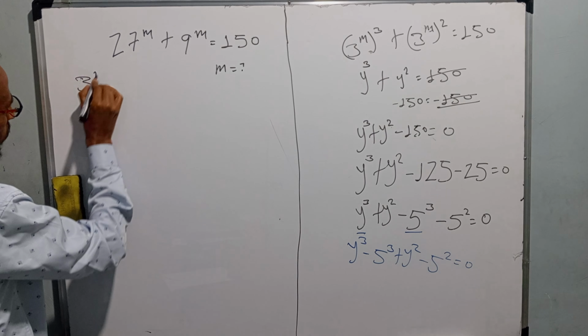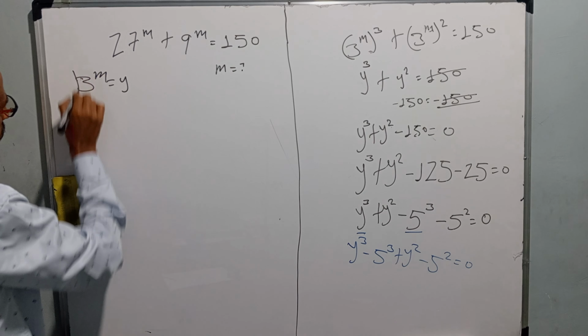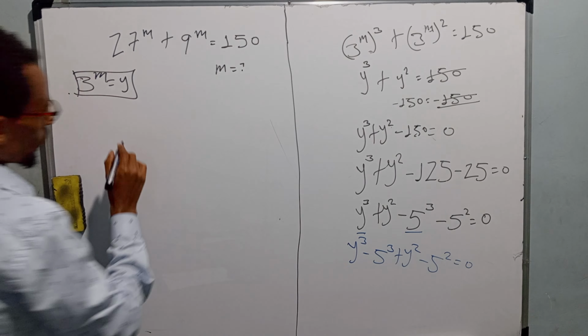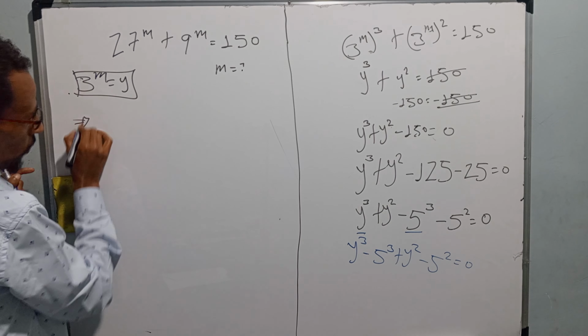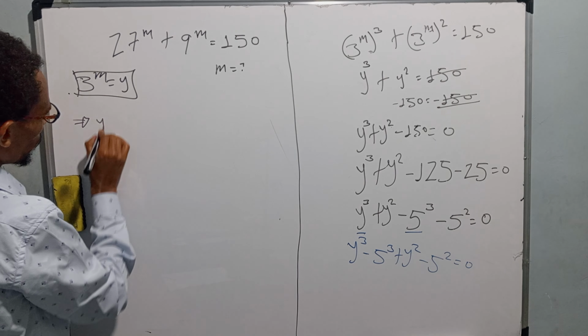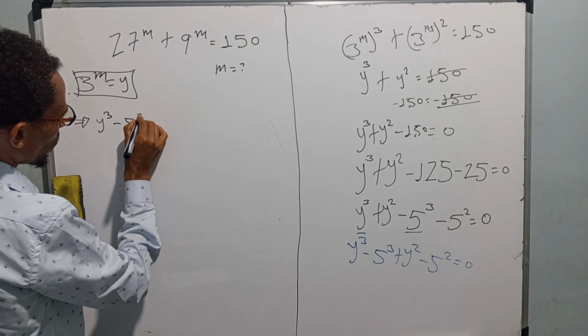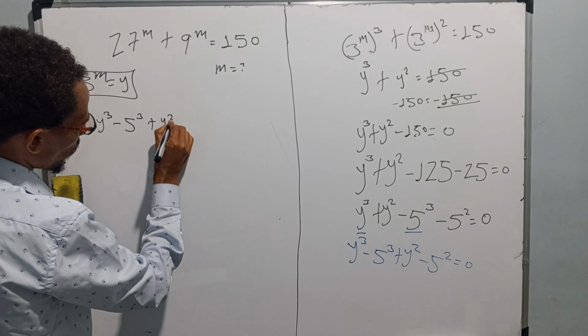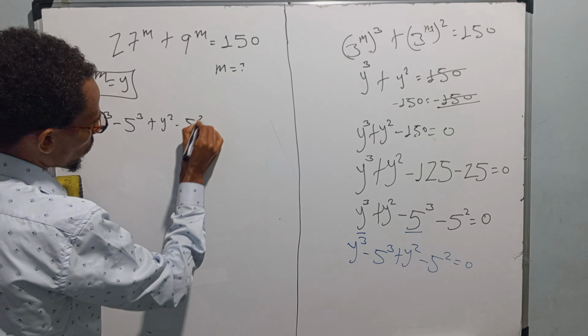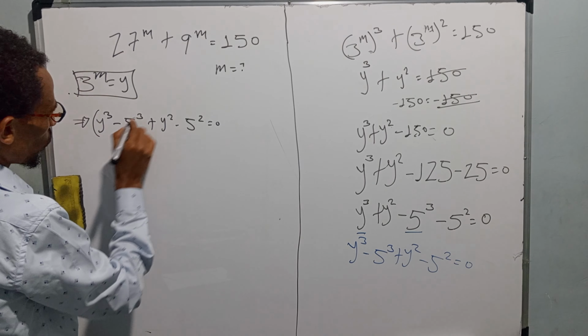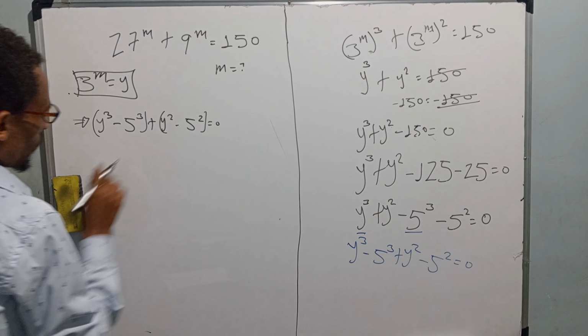Recall that 3 to the power of m is y. This is our initial point. We can group here and here again.